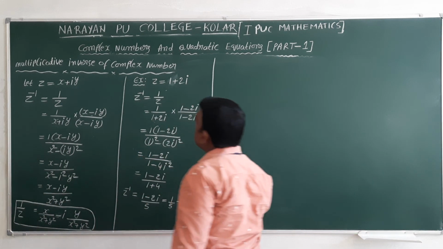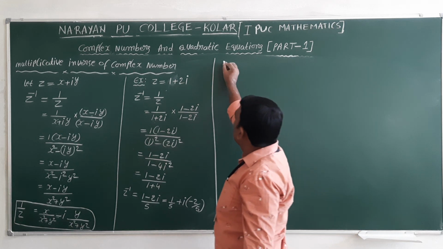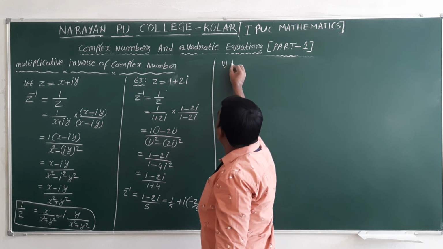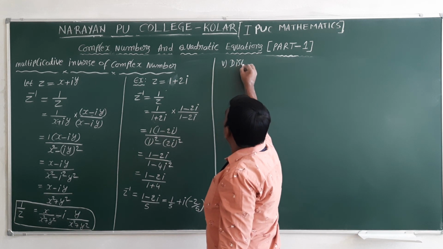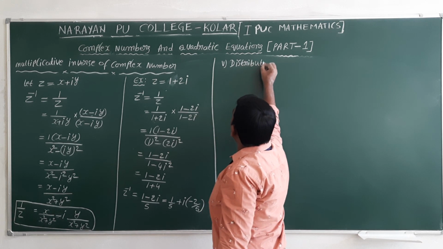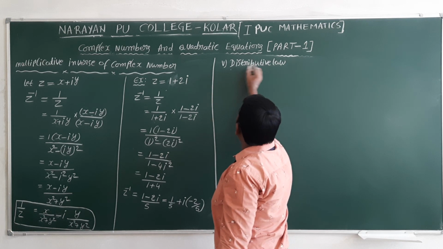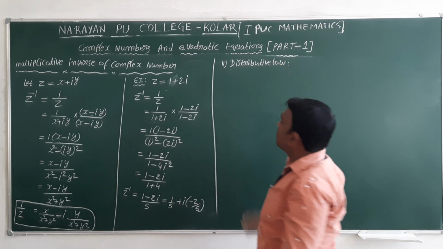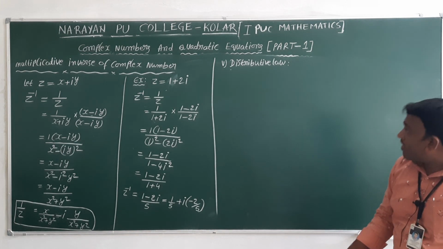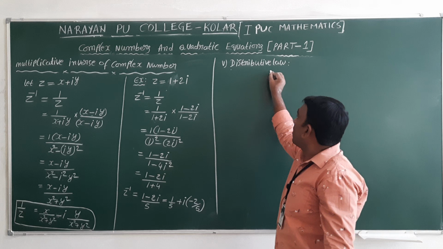So the next property of multiplication of two complex numbers is the distributive law. Distributive law of complex numbers. If you take three complex numbers, how do we apply the distributive law?